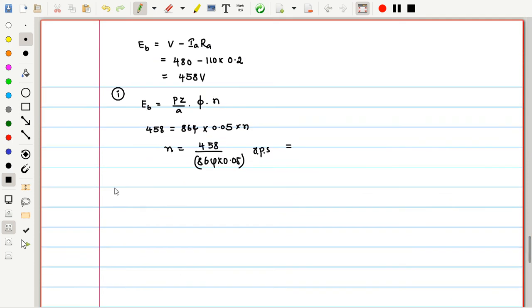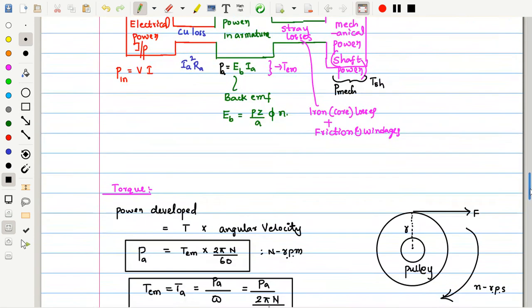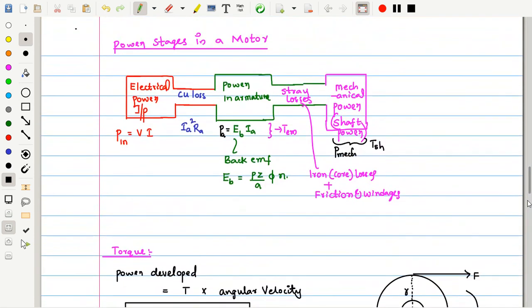Now the armature torque TA is equal to the electromagnetic torque. This is not the net, this is gross. Visually, the gross should add over here, and this is what the net means.